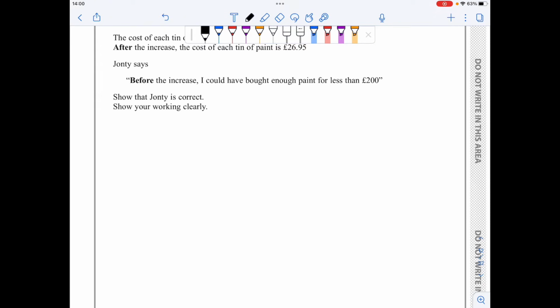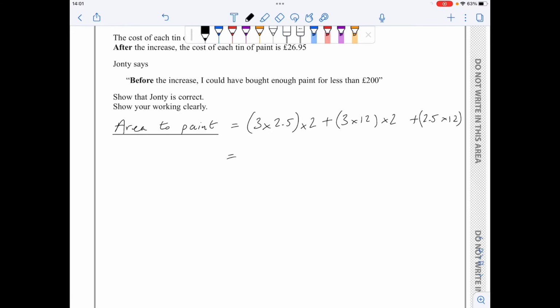So the area to paint is equal to 3 times 2.5 twice, plus 3 times 12 twice, plus 2.5 times 12, and that's only once. This comes out to be 117 meters squared.